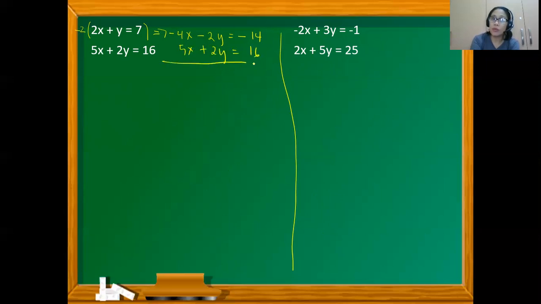And then we will perform addition. So negative 4x plus 5x is x. And we know that negative 2y plus 2y is 0. Then negative 14 plus 16 is 2. So x equals 2. The next thing that we're going to do is substitute x equals 2 to either of the equations.